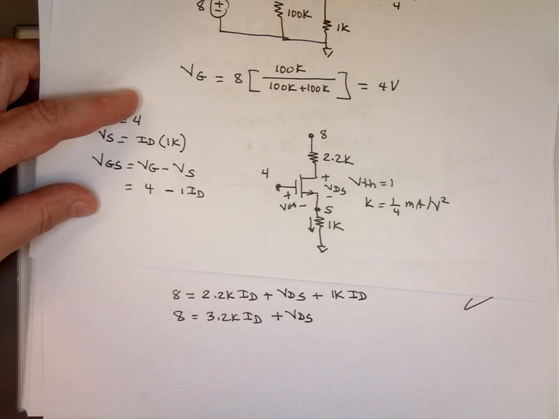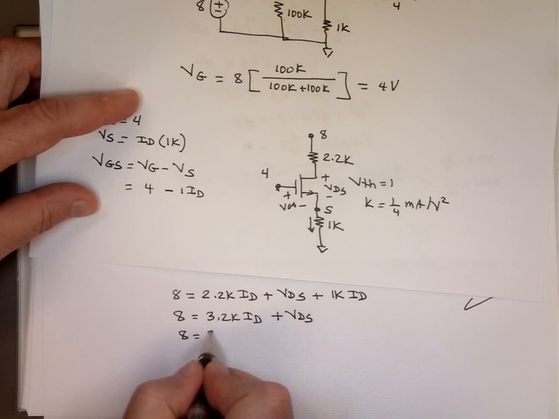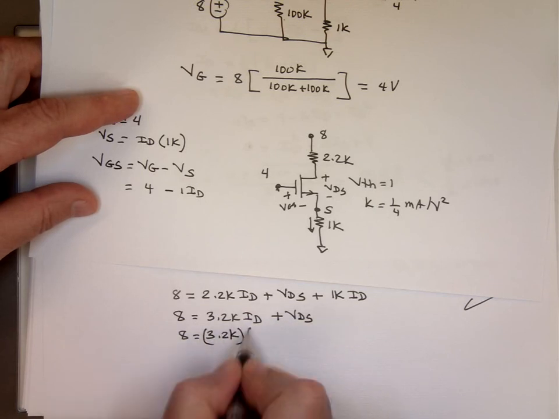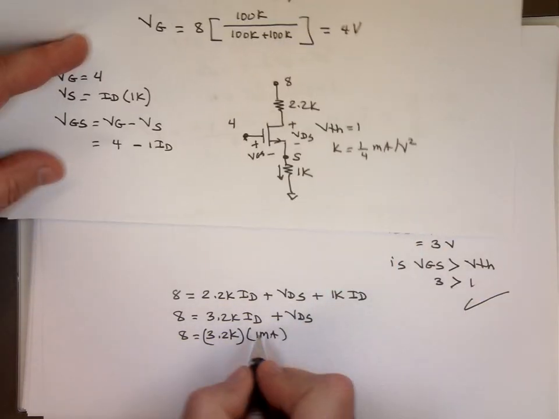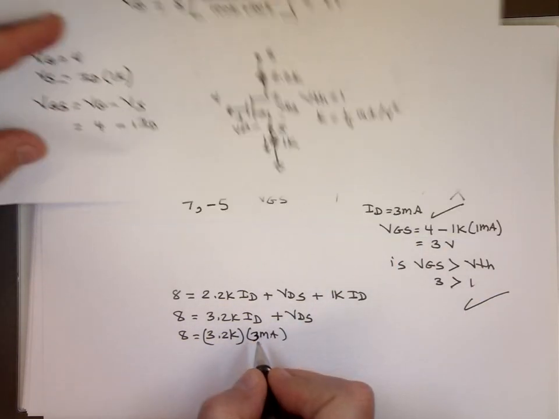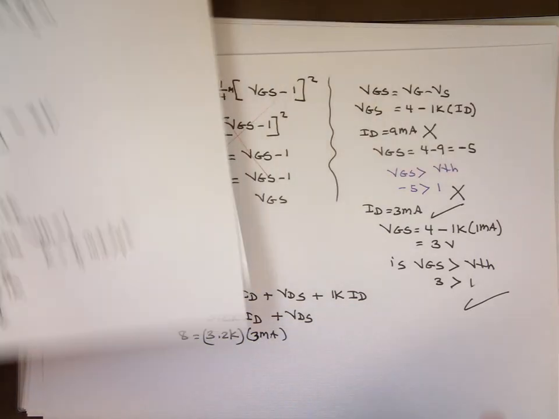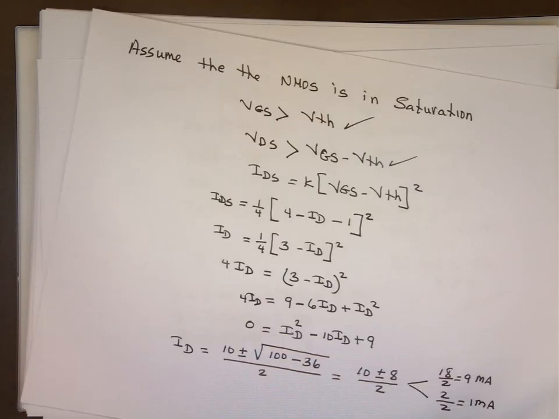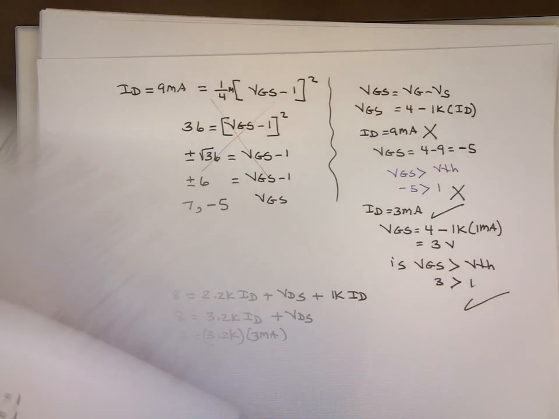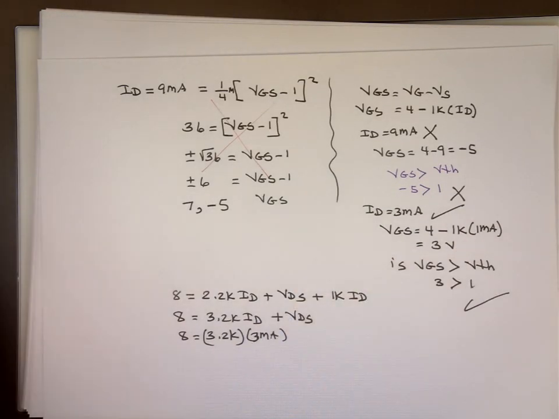Well, I sub D is 1 milliamp. 8 equals 3.2K times 1 milliamp. The 1 milliamp came from here. Oh, 3. Is it 3 or 1? That's a 1 milliamp, not a 3. I wrote 3, but we did 1, so it's the correct math.